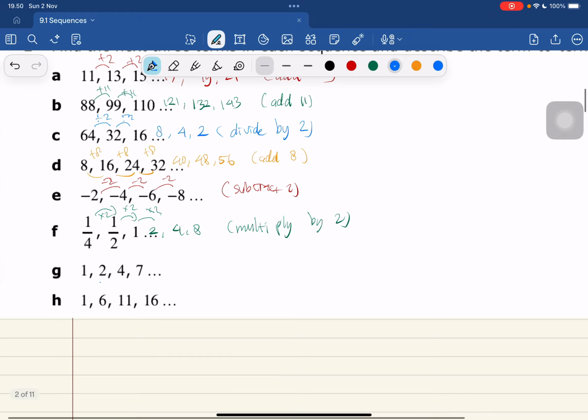Next question, 1 and then 2. Look at 1 to 2, then to 4. Okay, let's see. 1 plus 1 is... Okay, no. Okay, let's make it plus 1.